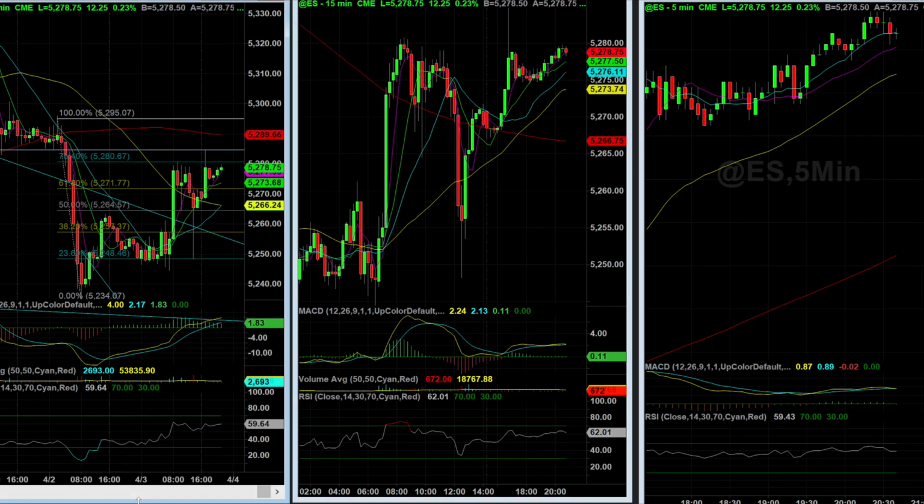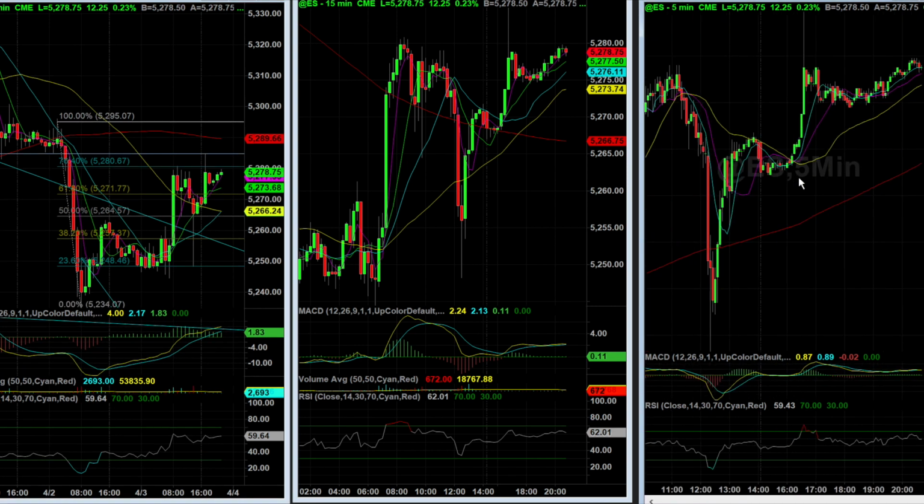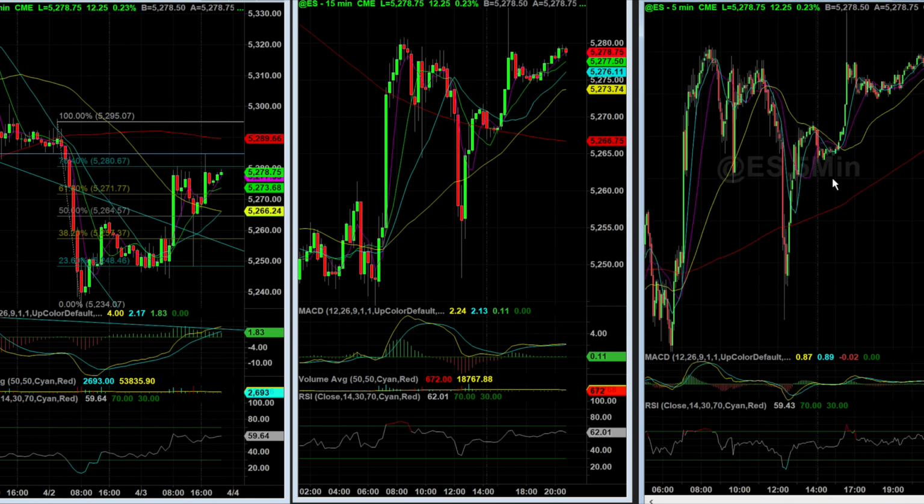So for tomorrow, I don't know which way it goes, but for the future ES, it should have a little pullback. When I say pullback, hopefully on the 5-minute chart here, the 50 moving average will cross below 200 moving average. That's pullback. If it's completed, yes, I'm happy.